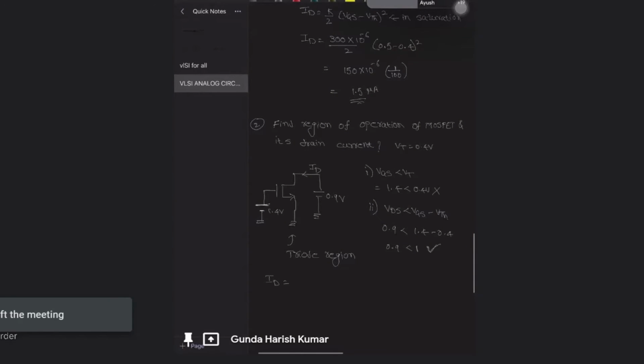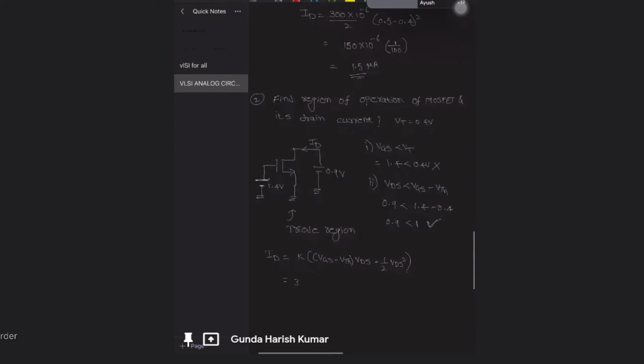Now coming to the drain current. Drain current is this side. Now coming to the drain current, the equation is K into VGS minus VTH into VDS minus half VDS square. This is 300 into 10 power minus 6 K. VGS minus VTH is 1.4 minus 1 into VDS is 0.9 minus half into 0.9 whole square.